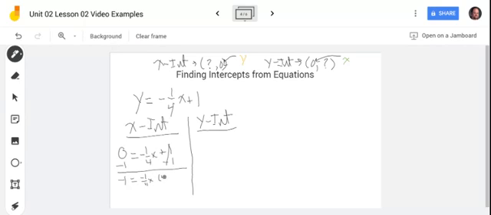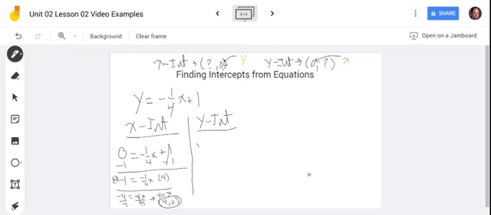I'm going to multiply by 4. I am doing the longer method here. So -4 equals -1x. Divide by -1. So that's going to give me 4 equals x. That means that my x-intercept is 4, 0.